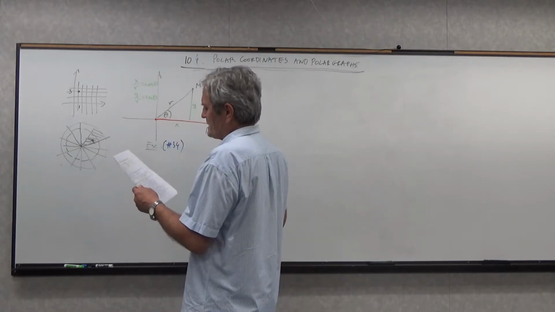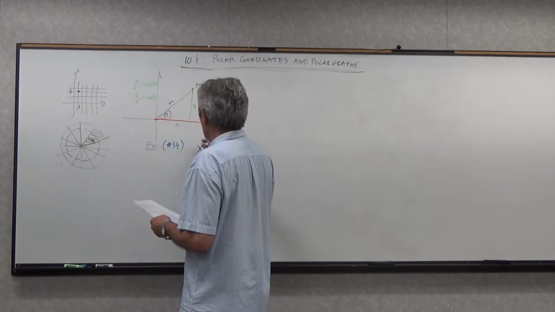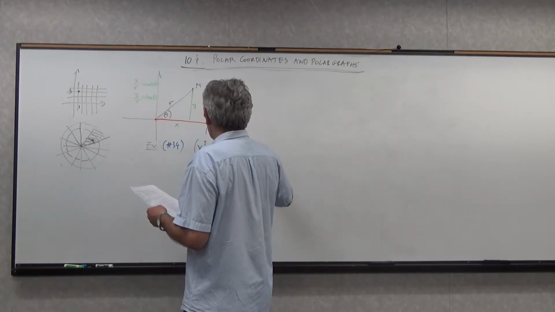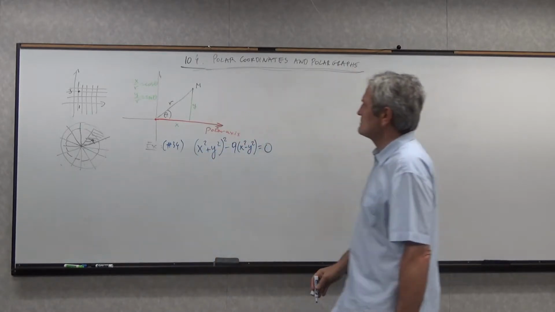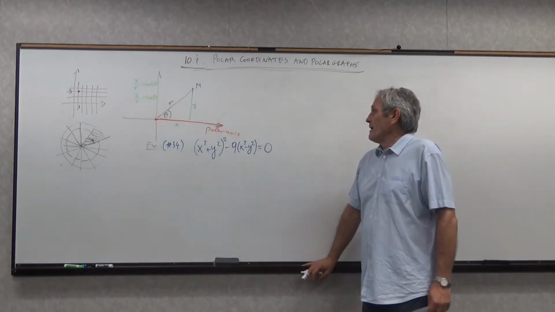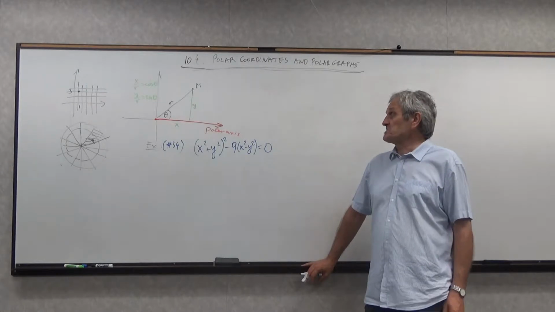The curve is given implicitly, and it's given like this: x squared plus y squared, squared, minus 9 times x squared minus y squared equals 0. All right, the curve is given implicitly, and I have no idea what to do with it. Why? Because it's implicit.